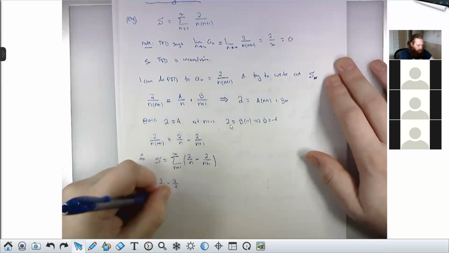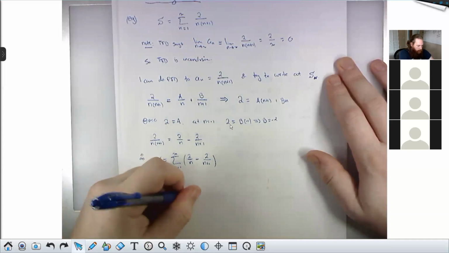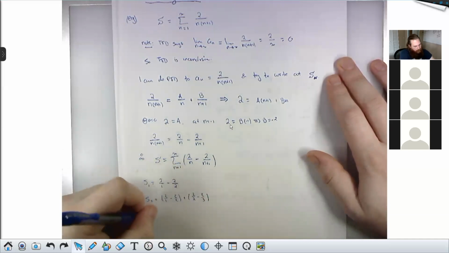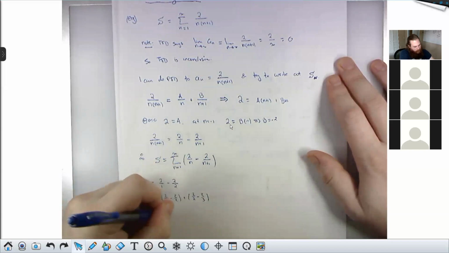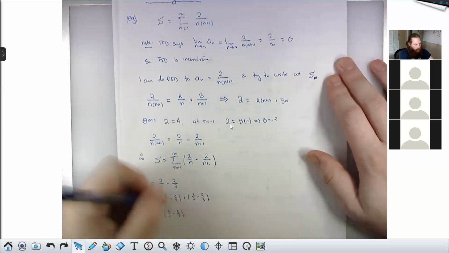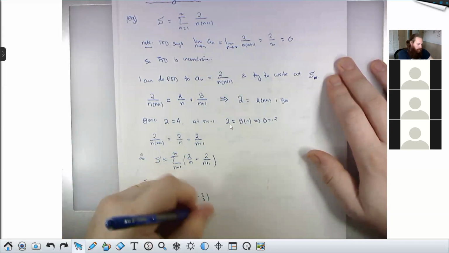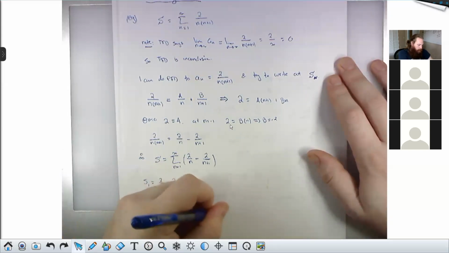S2 is 2 over 1 minus 2 over 2 plus 2 over 2 minus 2 over 3. S3 is 2 over 1 minus 2 over 2 plus 2 over 2 minus 2 over 3 plus 2 over 3 minus 2 over 4.